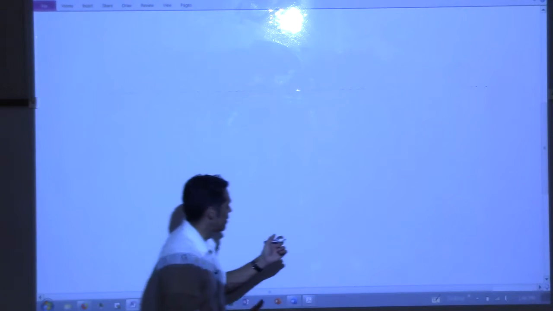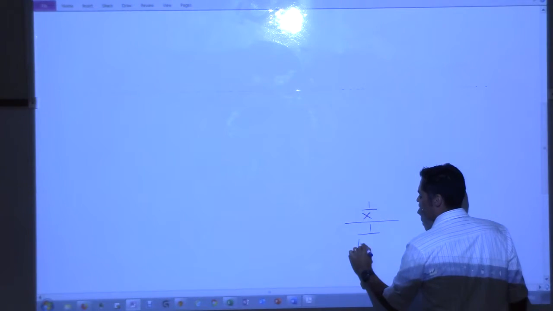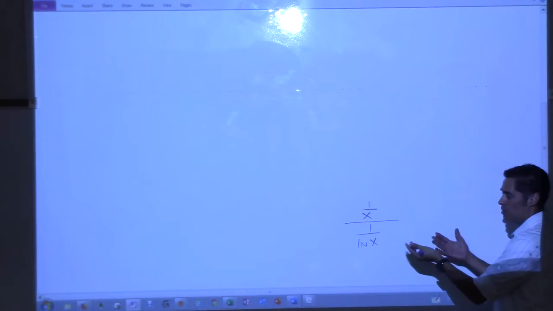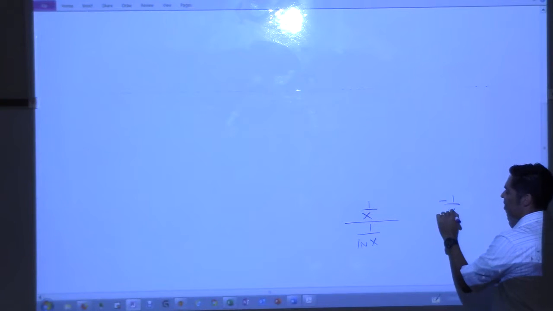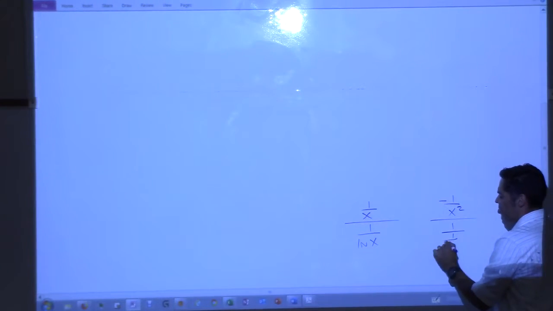I do have students that drop the wrong one down, and usually the mistake they make is they oversimplify the derivative of top and bottom. Like the example I gave earlier, where we could have left the 1 over x on top and 1 over natural log of x. Students will do that, and then they'll do the derivative of the top, no problem. But then when they do this, that's 1 over x.